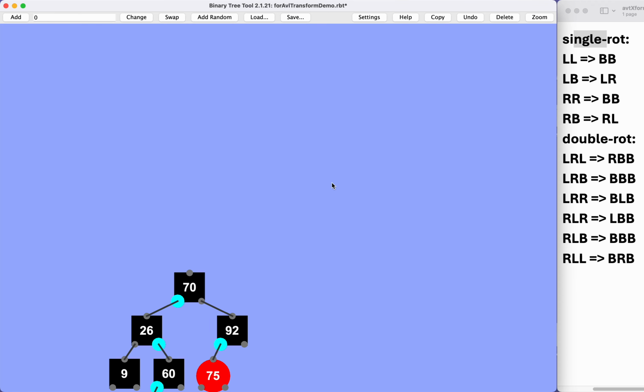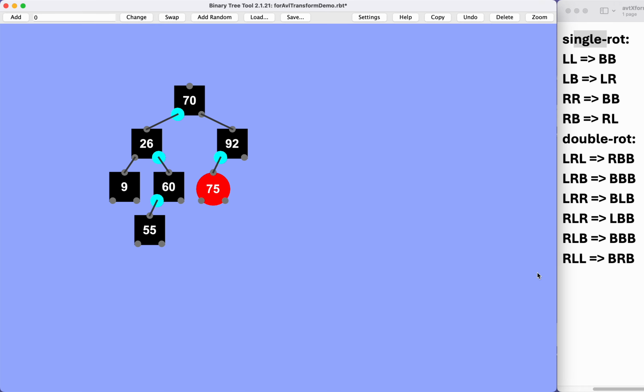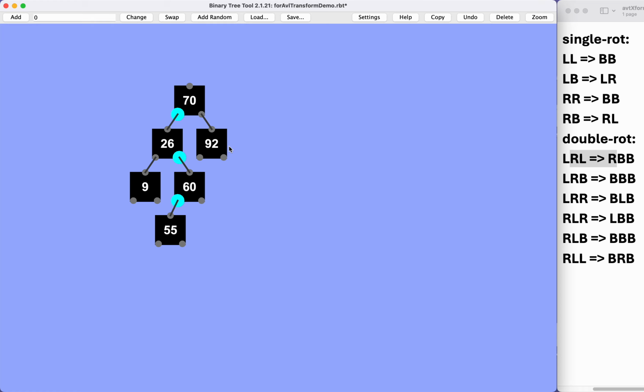In the left-right-left case, right here, after we do the deletion, this node recognizes that its balance factor has to be changed to balanced, which means I have lost height here. This node recognizes that, so it is now marked as 2 out of balance.